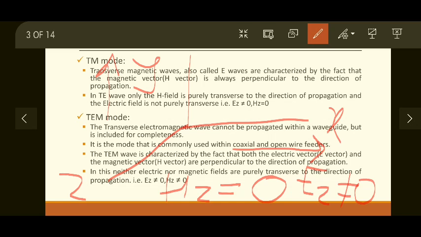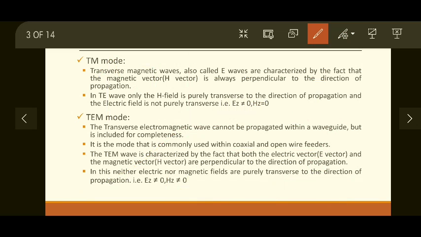This is TM mode. TEM mode is not supported by a waveguide, but in TEM mode all the components would be present, that is longitudinal as well as transverse. Longitudinal means along the direction of wave propagation. So let's not discuss TEM.